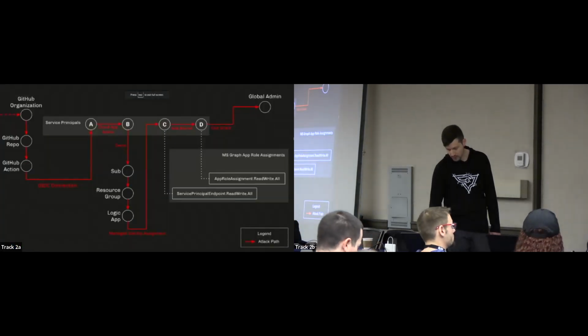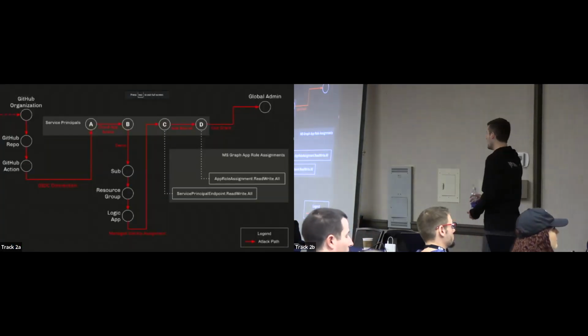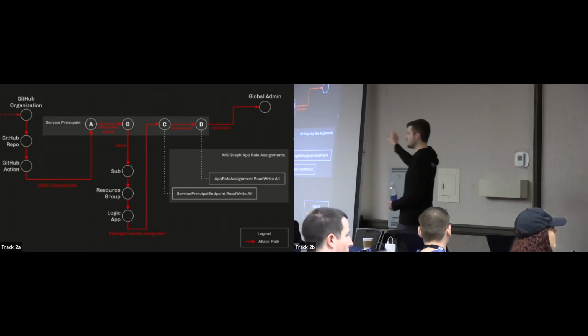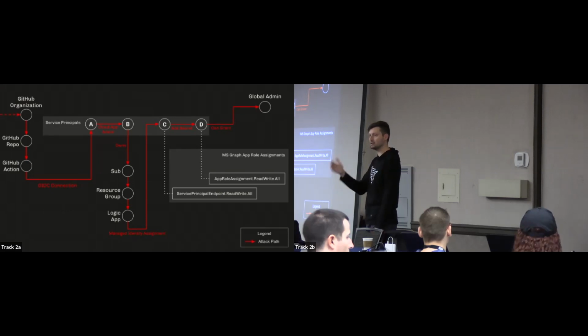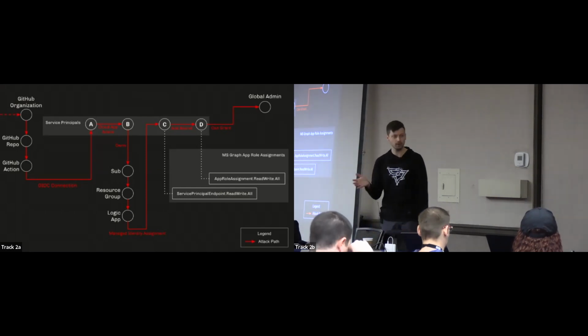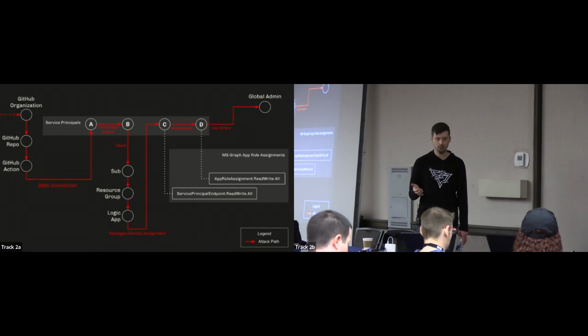What that means is that while seen in isolation, for example, Service Principal D having this MS Graph app role assignment, that may be legitimately configured for some kind of DevOps business process. So you have automation that you need to create, give privilege to service principals, delete them, do some kind of business process, whatever. So this is a legitimate configuration that people do.